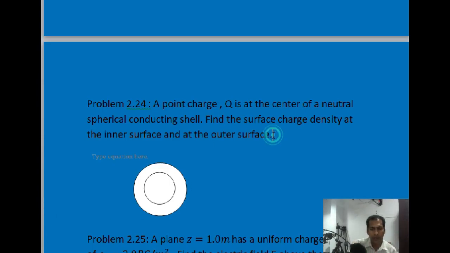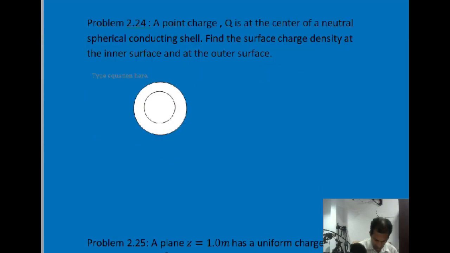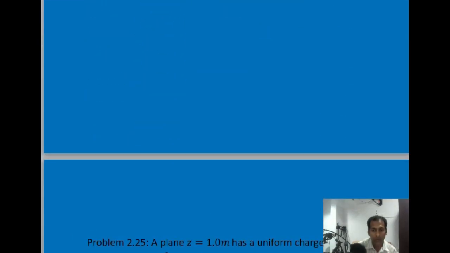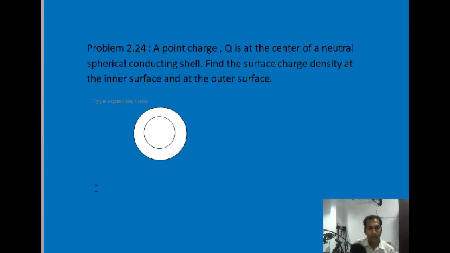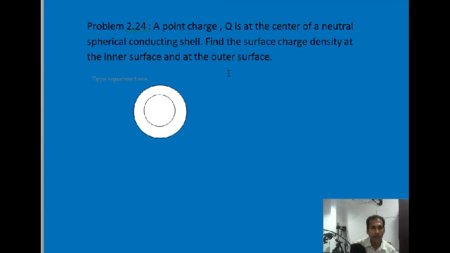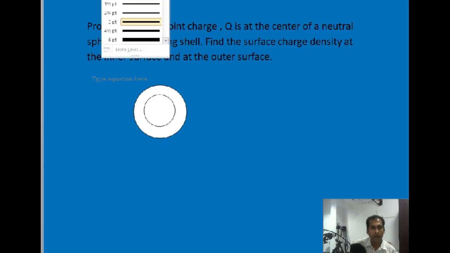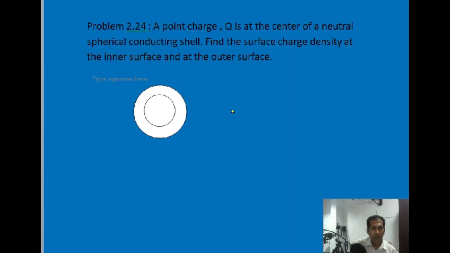Now we'll see one example with a setup. We have to consider a point charge. A point charge Q is at the center of a neutral spherical shell.